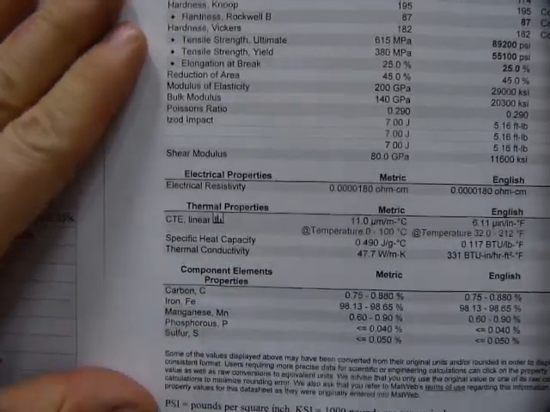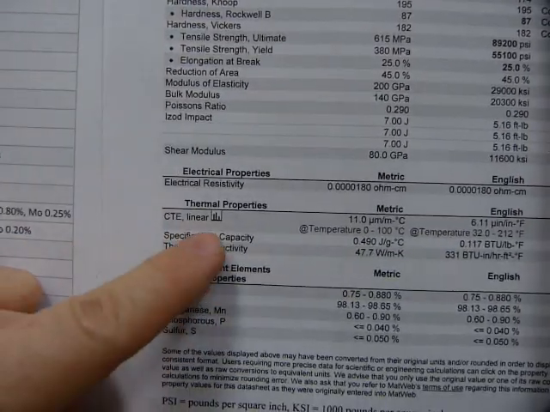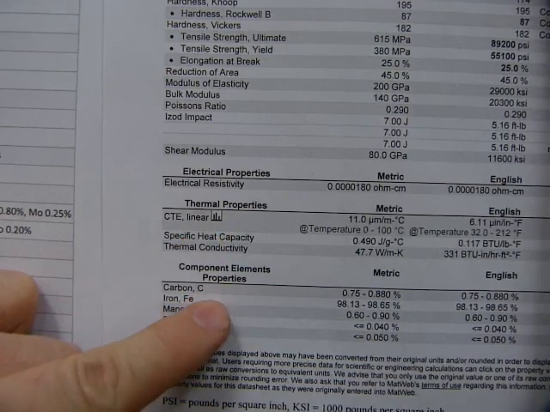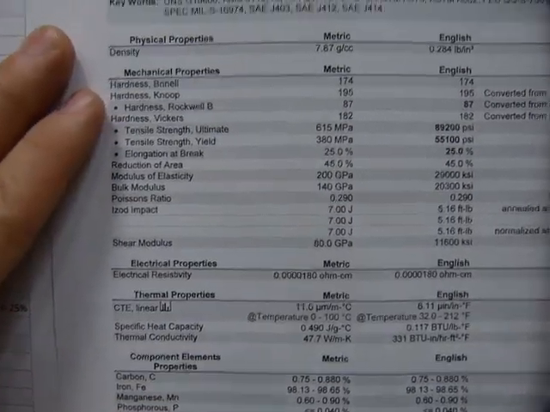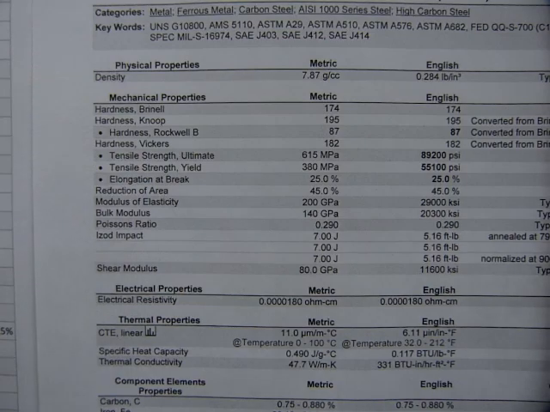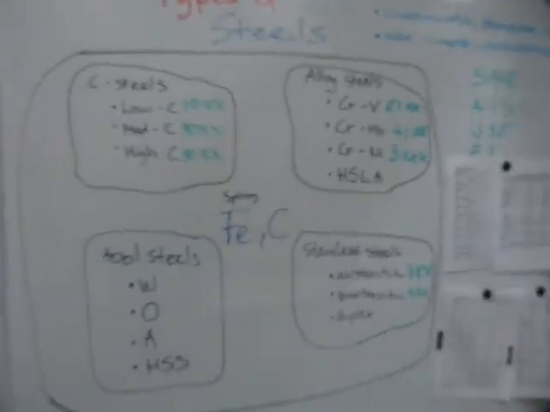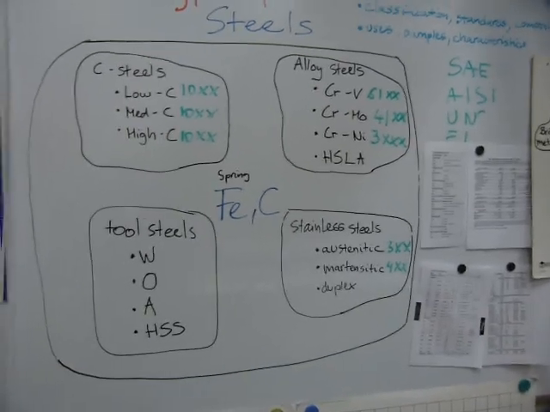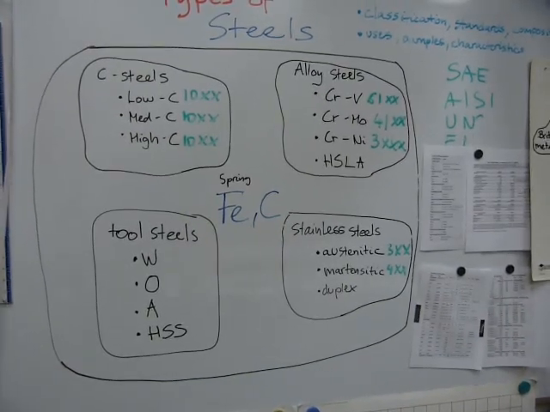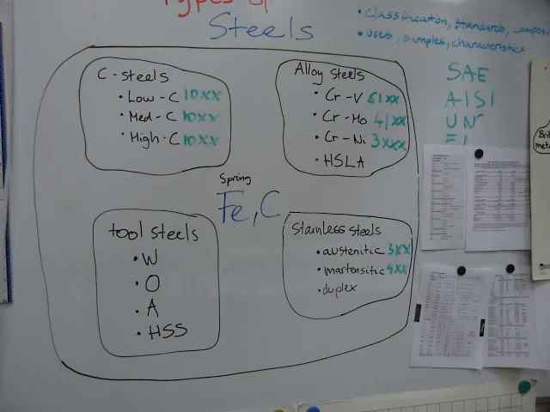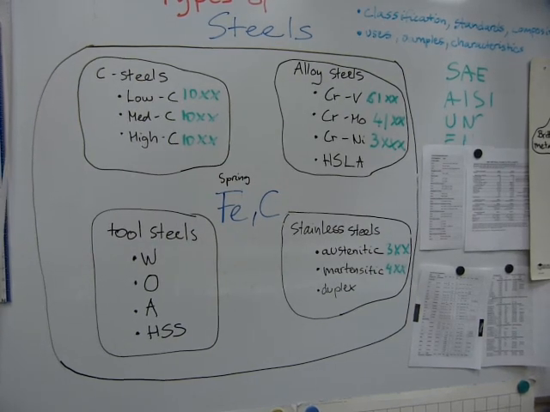You can see electrical properties listed, thermal properties listed, and again, steels are classified and manufactured in a way that is governed by industry standards, so their mechanical properties are consistent.